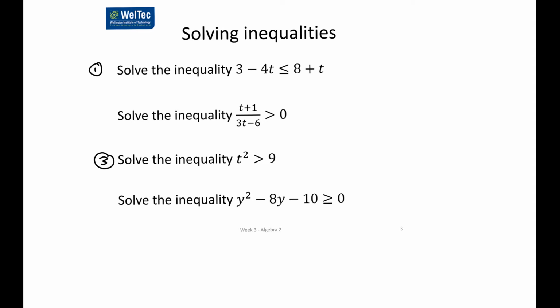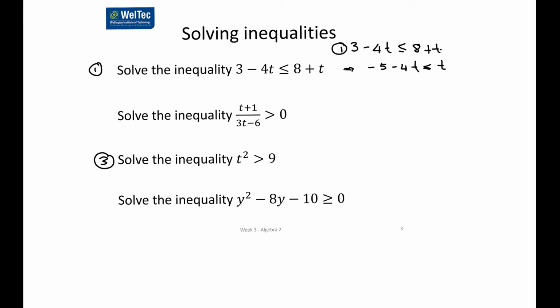So let's have a look at number 1 first up. So we have 3 minus 4t is less than or equal to 8 plus t. When it's like this, it's just as straightforward as solving an equation. So it gives us that negative 5 minus 4t is less than or equal to t, just using the same rules.